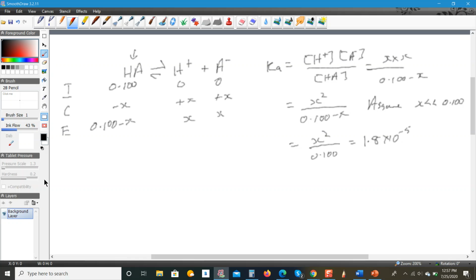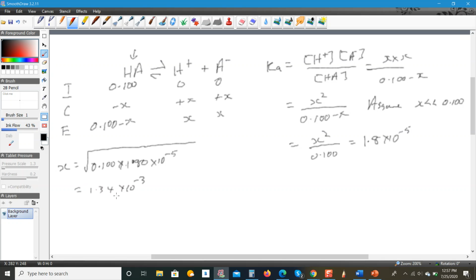And basically all we have to do is solve for x. x will be equal to the square root of 0.100 times 1.80 times 10 to the minus 5. And according to my calculations, when I did it, the answer I got is 1.34 times 10 to the minus 3.